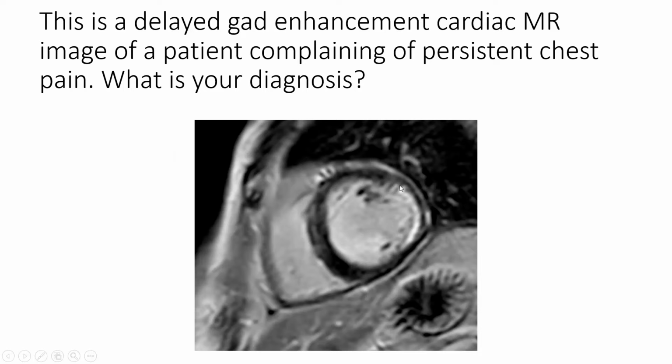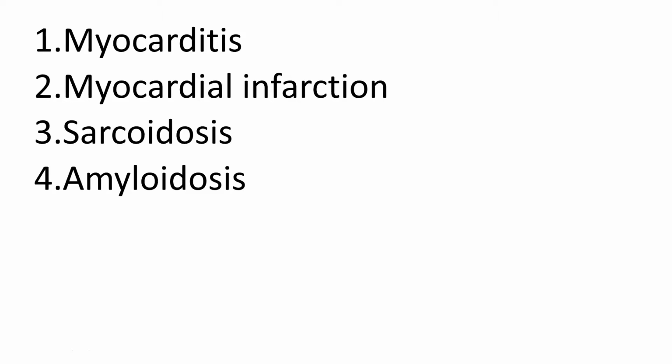Almost in the mid part of the left ventricle towards the apex, there is late gadolinium enhancement. The enhancement is not transmural, it's most likely subendocardial, meaning below the level of endocardium. So late subendocardial enhancement in a patient with persistent chest pain, my best bet would be myocardial infarction. Yeah, so the answer is myocardial infarction.